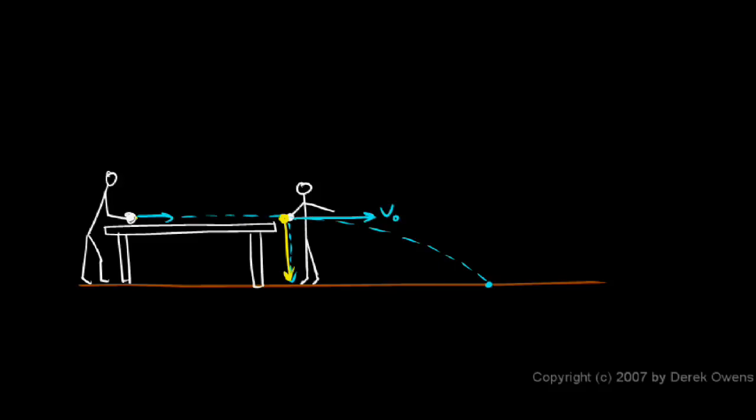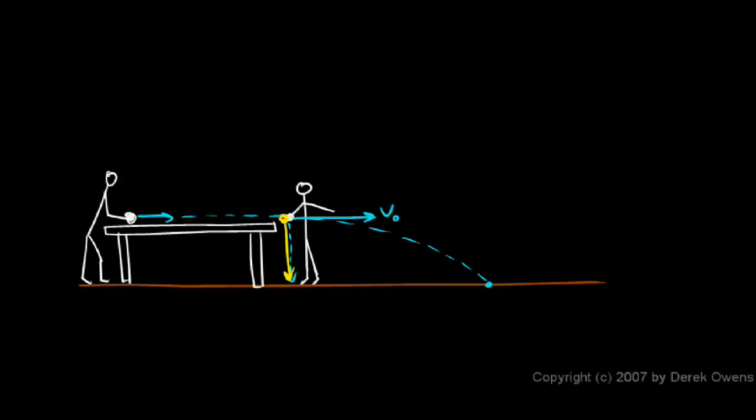You could send this one flying really fast or just very slowly, but the horizontal speed won't affect the time that it takes to fall this vertical distance to the floor. And the one that is released with no horizontal velocity will fall at the same time. So they'll be moving downward. You could see this like this.